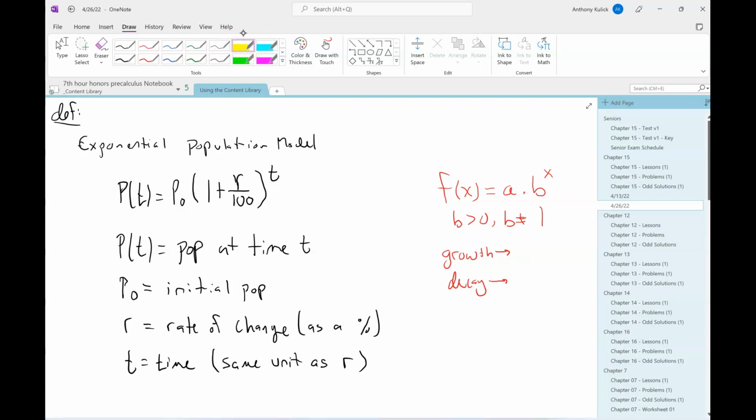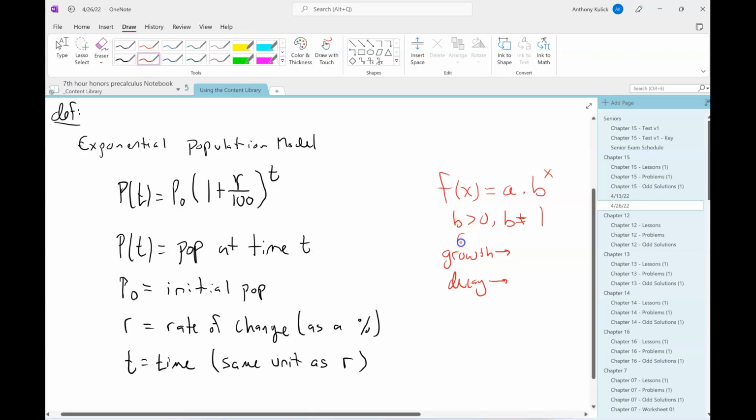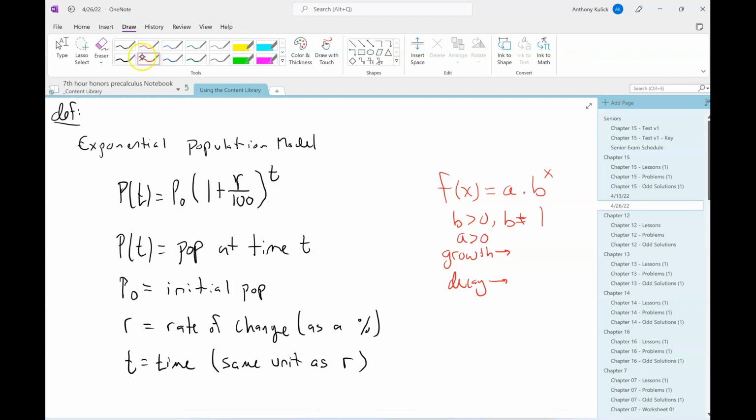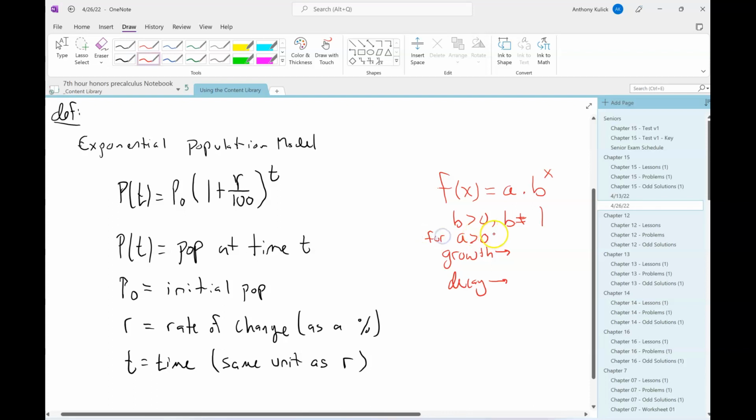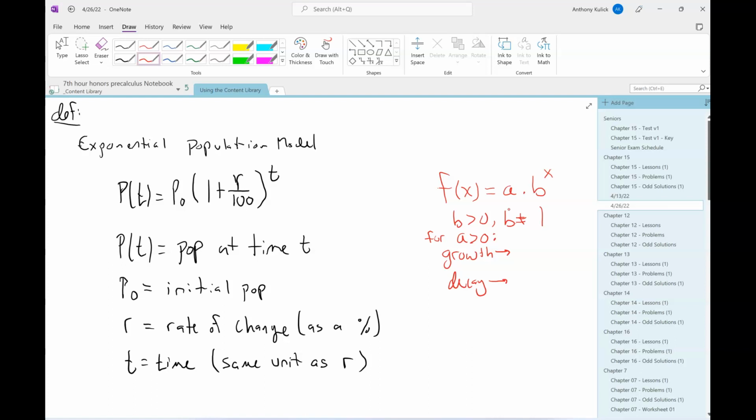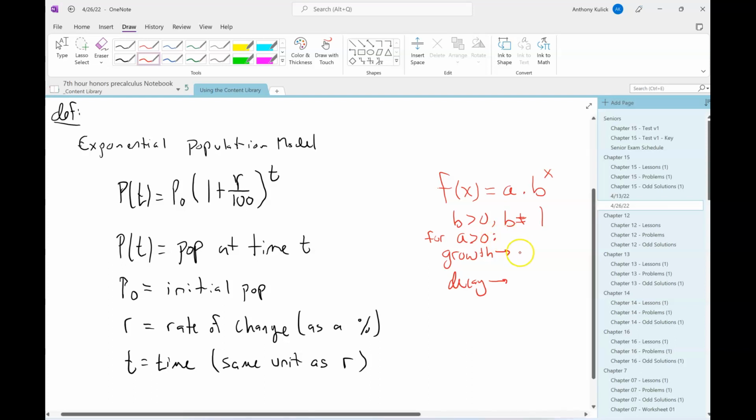By looking at my f of x equals a times b to the x, how can I tell whether that's a growth or decay function? Assuming the a value is positive. Well, b has to be positive for it to be an exponential function. So decay, b is between 0 and 1, and growth, b is greater than 1.